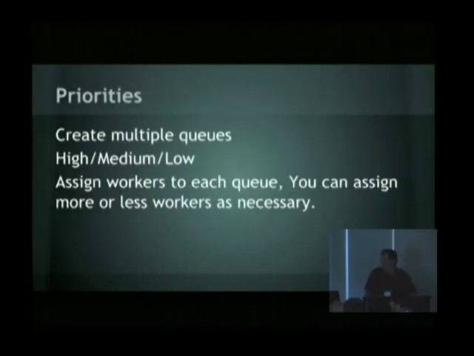So you saw that one of our queue names was high. Priorities. What we ran into was a problem where we had queues that we were using for a number of different things. We had really high priority things, where the user clicked on something and we wanted to make sure that data got fed into the data warehouse right away, so if they ran a report on the data they just put in, it would be in there as quickly as possible.